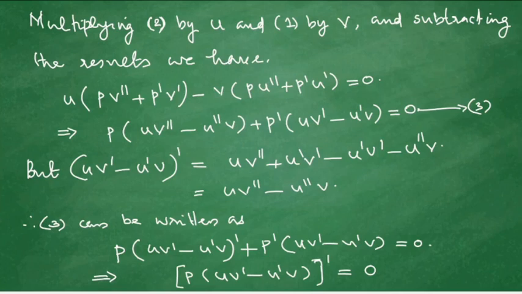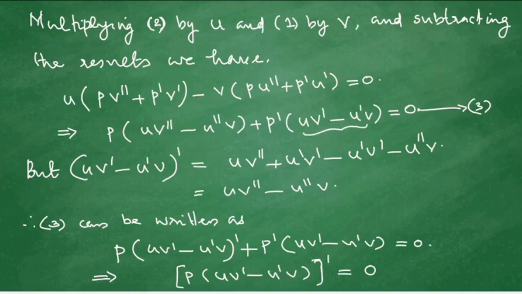Now combining the p terms together, p into (u v double dash minus u double dash v) plus p dash into (u v dash minus u dash v) equal to 0. We have to determine u v dash minus u dash v.